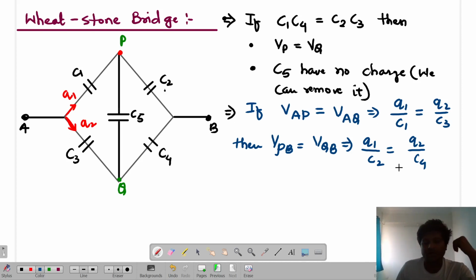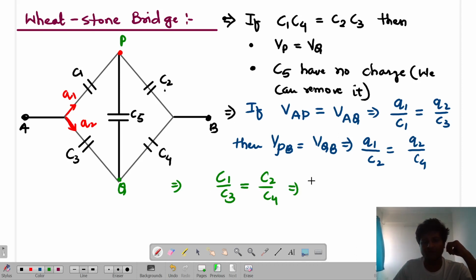So look over here, you got your relation or not? Basically I have to do the cross multiplication, isn't it? So this implies that if I write Q1 by Q2, then what will I get? Q1 by Q2 here is C1 by C3, and here Q1 by Q2 is C2 by C4.